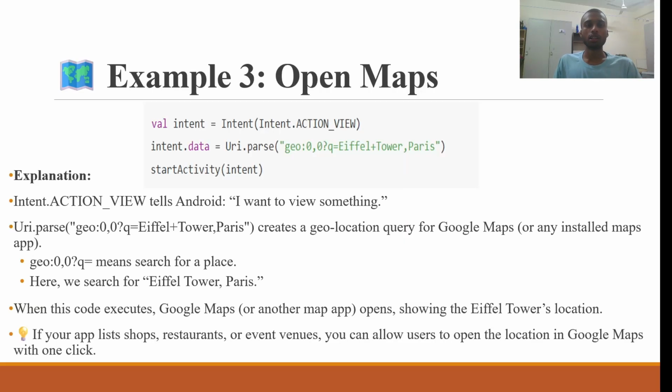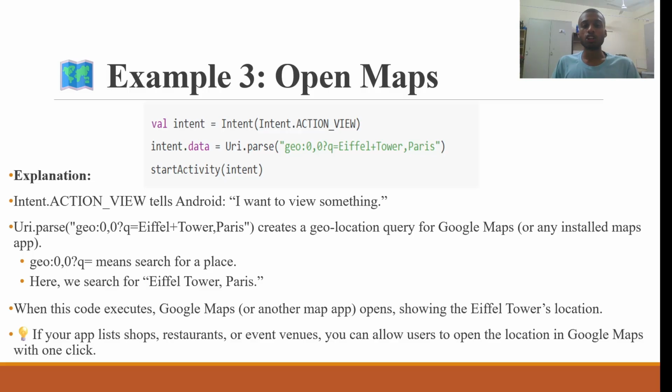And the third example, we go with opening of maps. For example, if I want to view the Eiffel Tower in a map, first I will declare an action view because I want to view something. Later on, for that intent, I need to give some data so that the map gets the location. So here what I have done is Uri.parse geo:0,0.